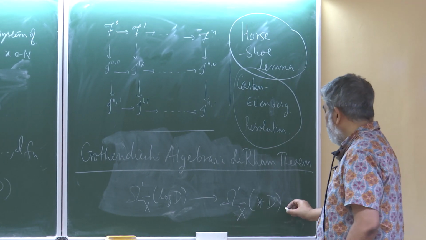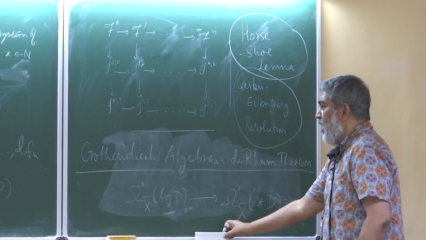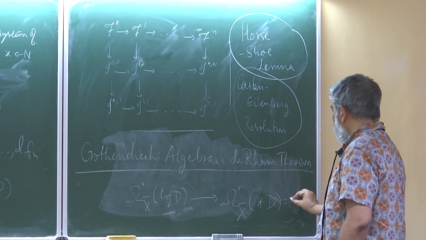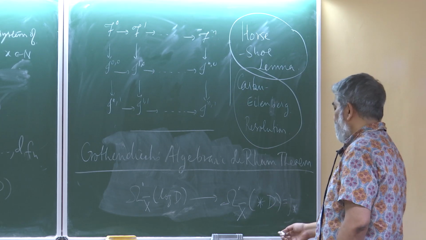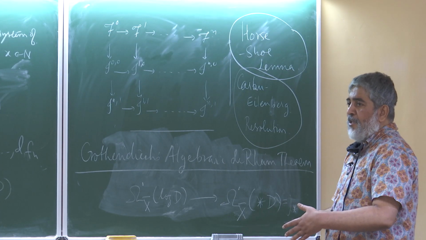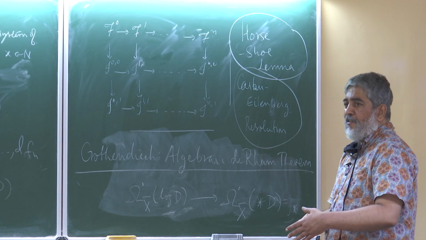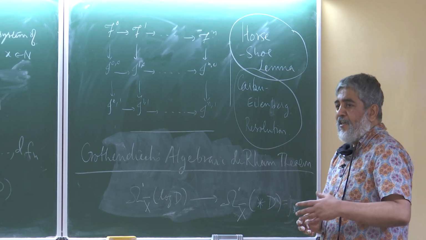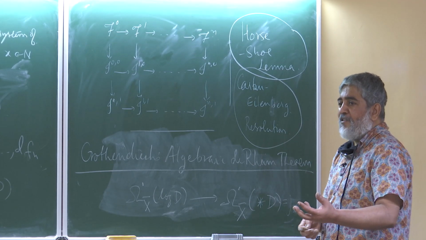But this is in the algebraic context. This is going to be equal to j lower star because the complement is a divisor, and if you put something inside something else where the complement is a divisor, then there are no higher R^i for coherent sheaves.